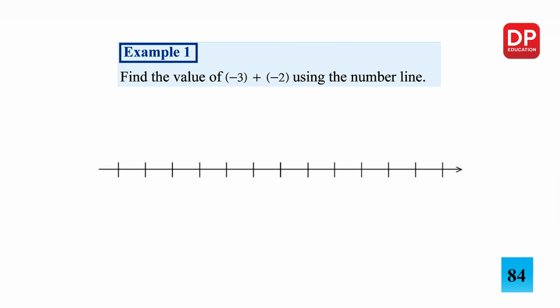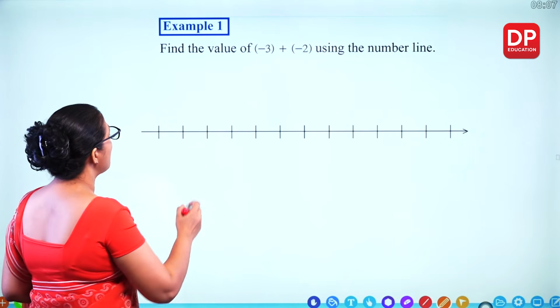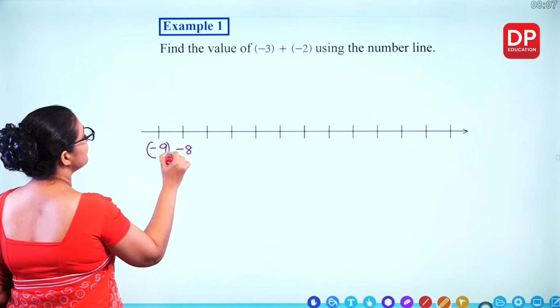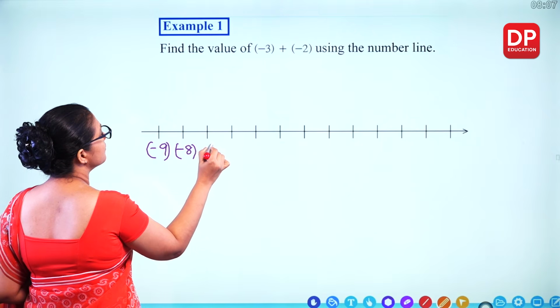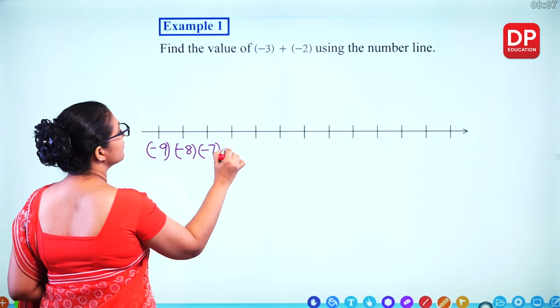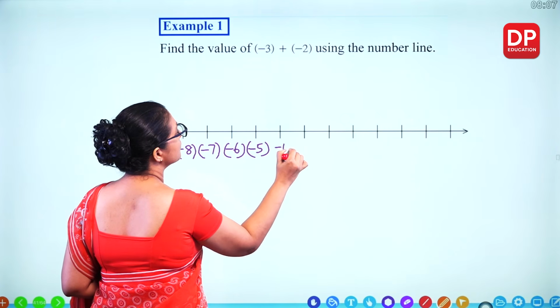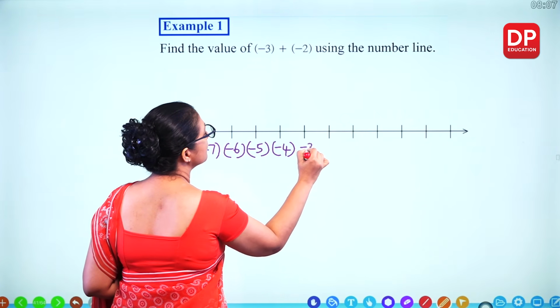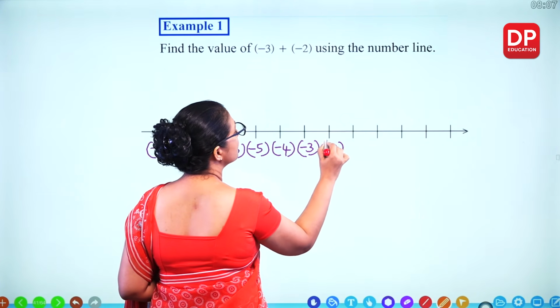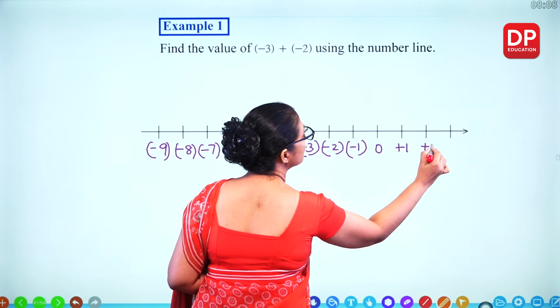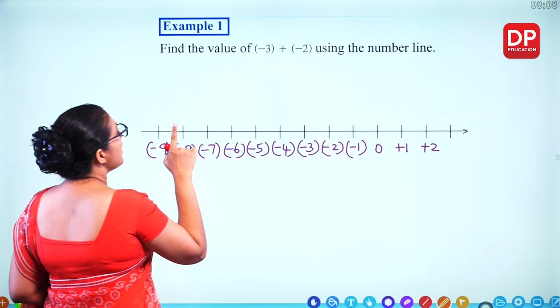Example number 1. Now this is minus 3 minus 2 towards left hand side. So we need more negative numbers. So I'll start from negative 9. Negative 3.